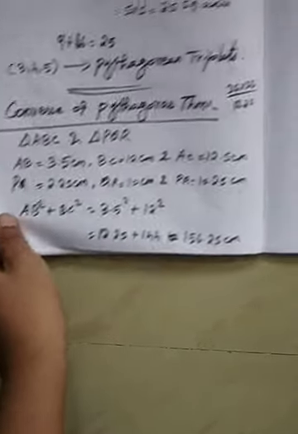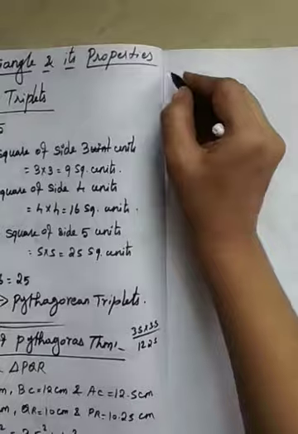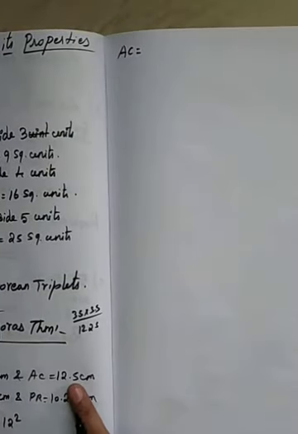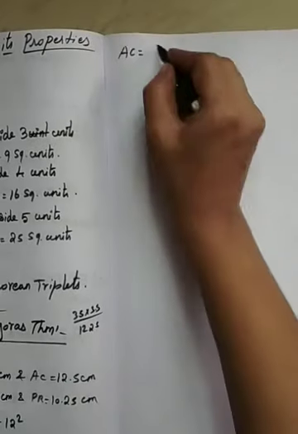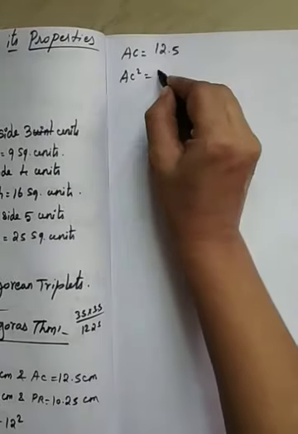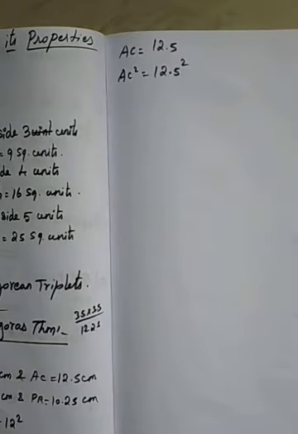Next you can find the AC value. AC is equal to 12.5, but what do you need? AC squared, so 12.5 squared.